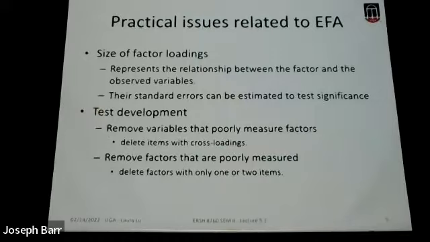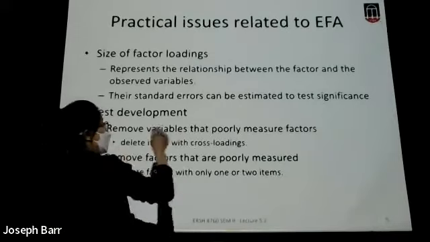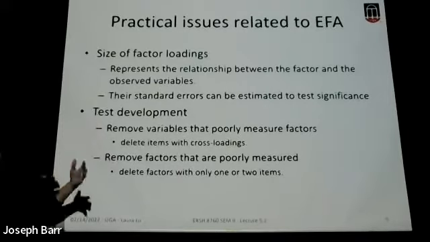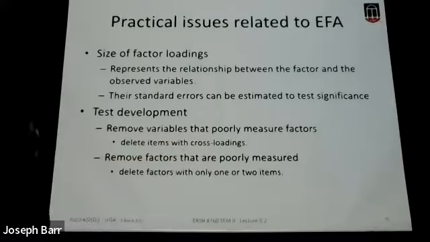Sometimes, if it's really small, it's not significant, then we can just ignore it. Sometimes it's significant, but the value is not large, then we can still drop it. When we develop tests, after you get some factor loadings, you look at those items again. You can remove variables that poorly measure factors.